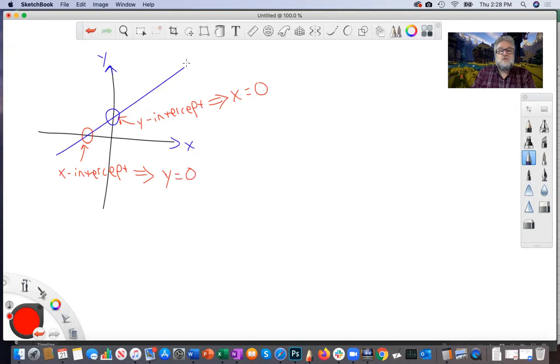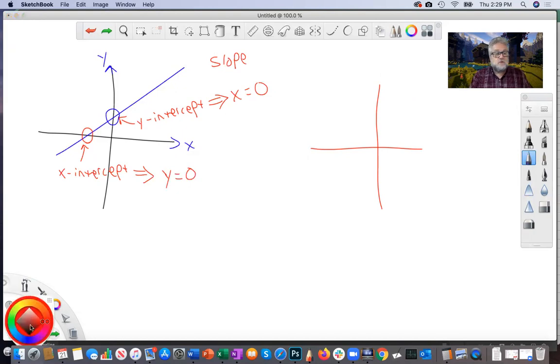And this thing has a slope. If it's going uphill from left to right, the slope is positive.